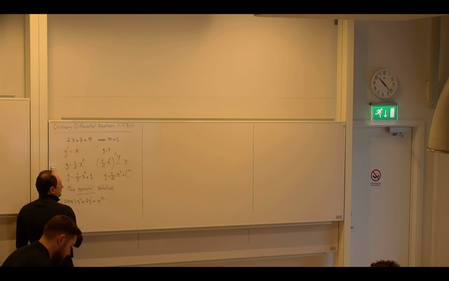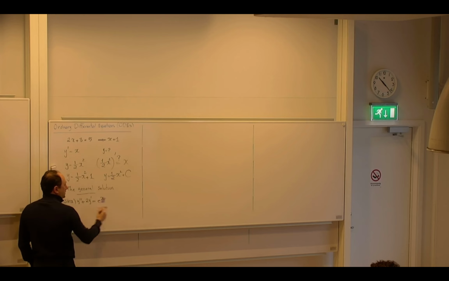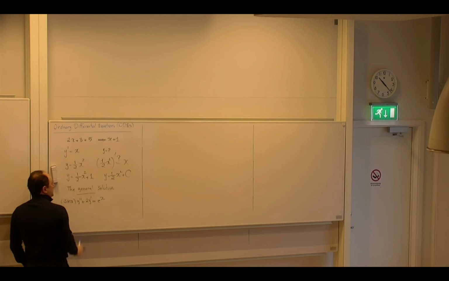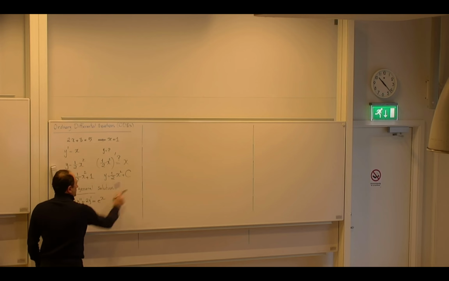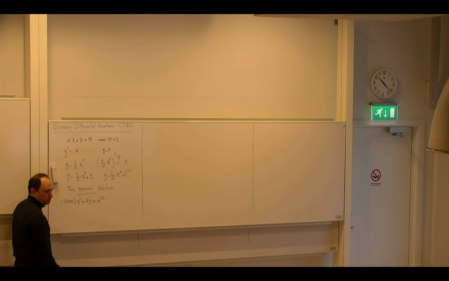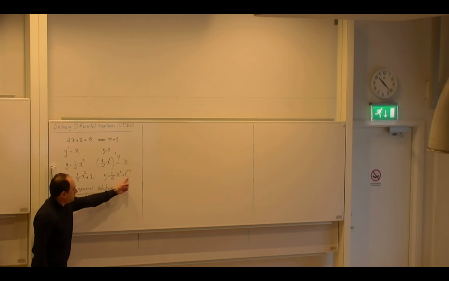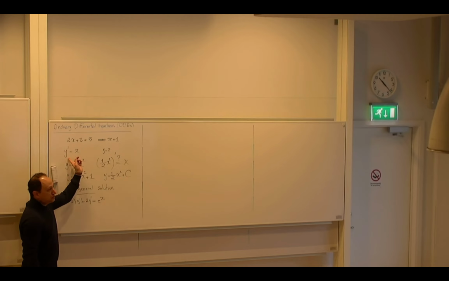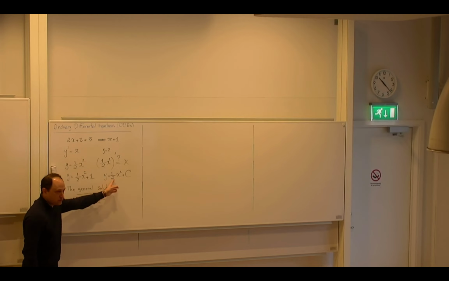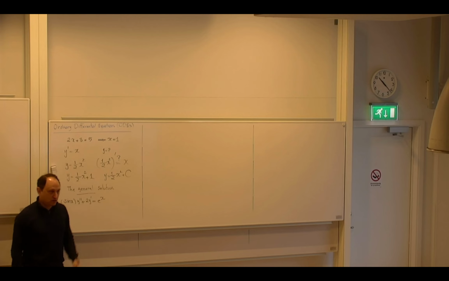It doesn't matter which c I choose. c is a free parameter that you can choose arbitrarily, and for all c that you choose, this is an answer to this equation. How many free parameters do you see in this solution? 1. What is the order of your differential equation? 1. So the number of free parameters matches the order of your differential equation. So this solution is called the general solution.